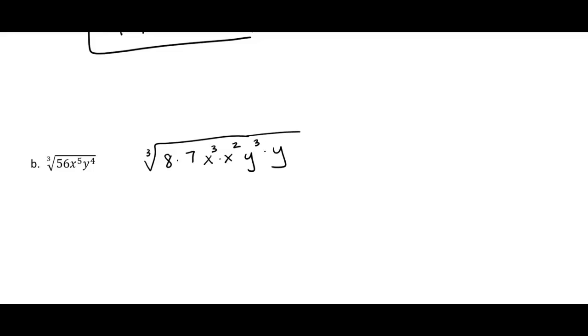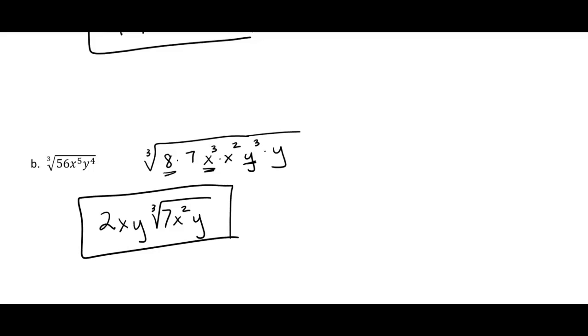All right, the cubed root of 8 is 2. X cubed is going to get me an x on the outside. Y cubed is going to get me a y on the outside. And then I'm going to have the cubed root of 7x squared y. Okay, so that's that one.